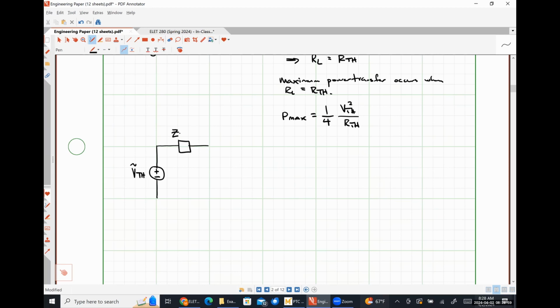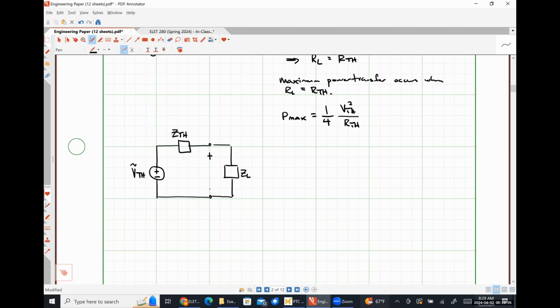We now have some Thevenin impedance ZTH. And over here, we're going to have some load impedance. So it's the exact same circuit as we had before, but now we're looking at things from an AC perspective. Instead of using pure resistances, we're dealing with impedances. We have an RMS phasor voltage because our voltage source is no longer a DC thing.